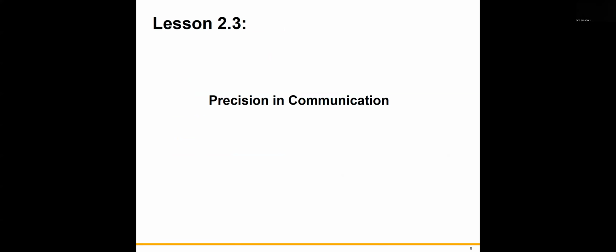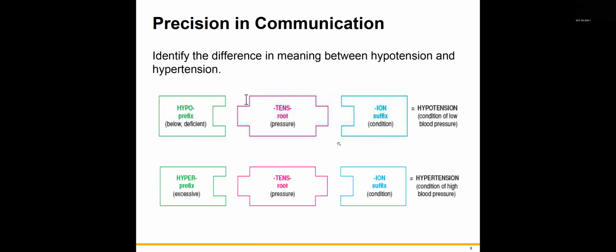Precision in communication. Precision in both written and verbal communication is one of the most critical skills for healthcare professionals. Here's why attention to detail is so essential. Example, we have hypotension and hypertension.